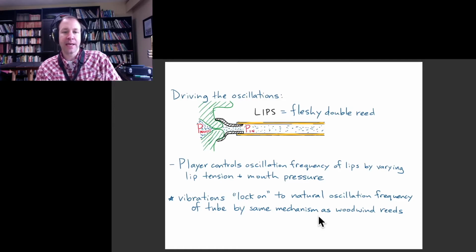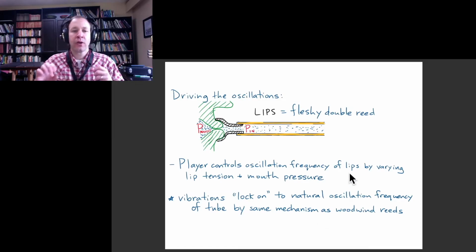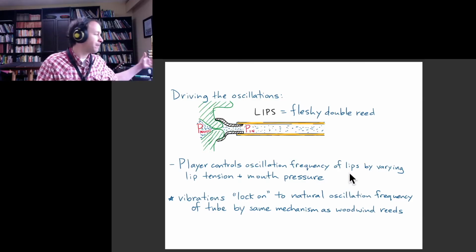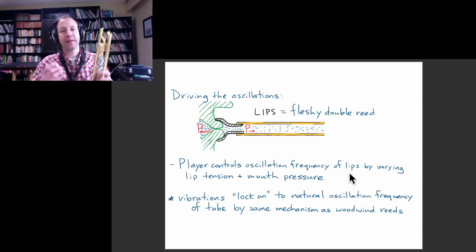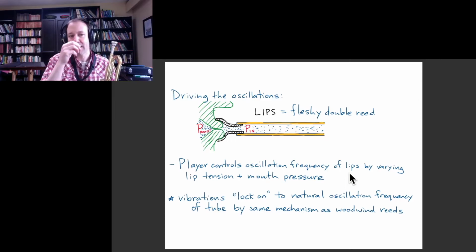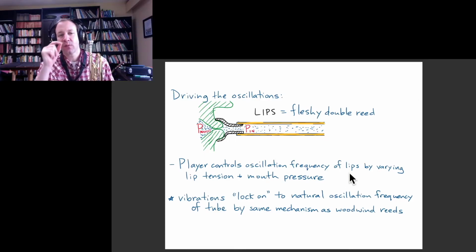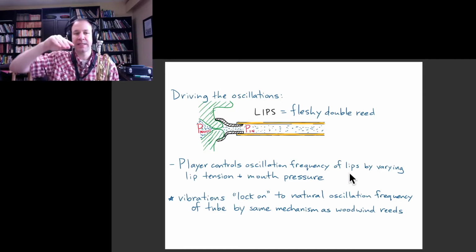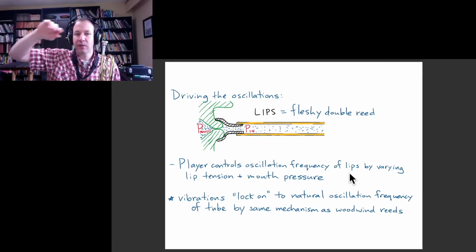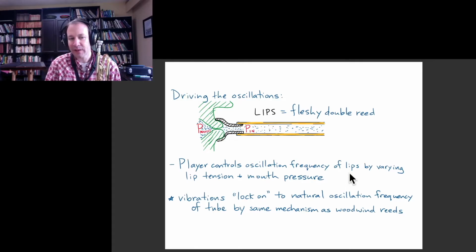And when you've got this mouthpiece attached to the trumpet, again, you can control the frequency of oscillation, but what happens is that when your lip frequency gets close to one of the natural oscillation frequencies of the trumpet tube, then it locks on to that frequency.